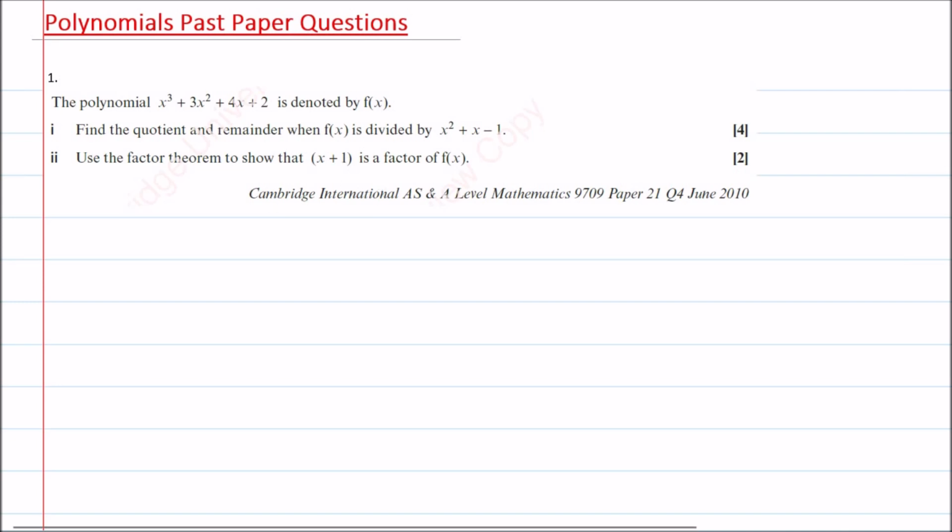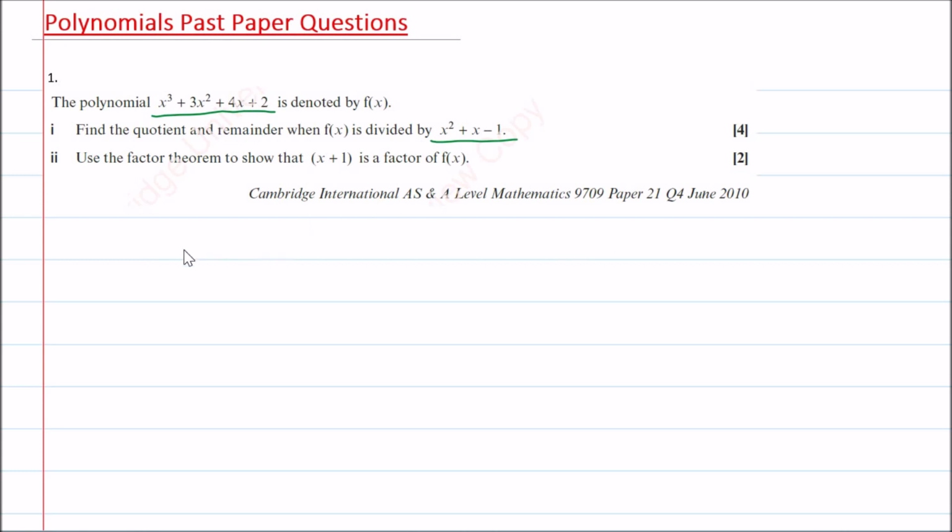We have x cube plus 3x square plus 4x plus 2, and we have to find the quotient and remainder when f(x) is divided by x square plus x minus 1, and this is your f(x), right? So we'll use the long division method to divide this.